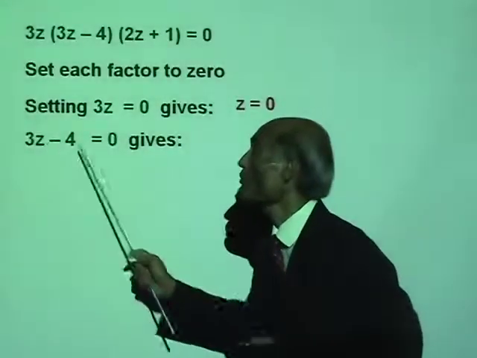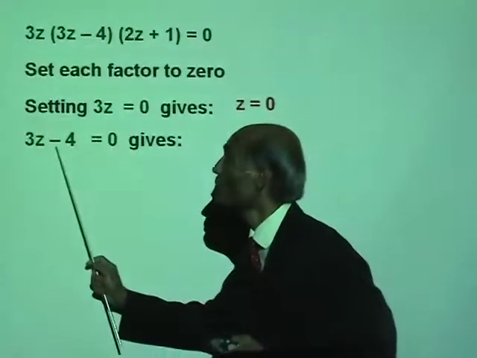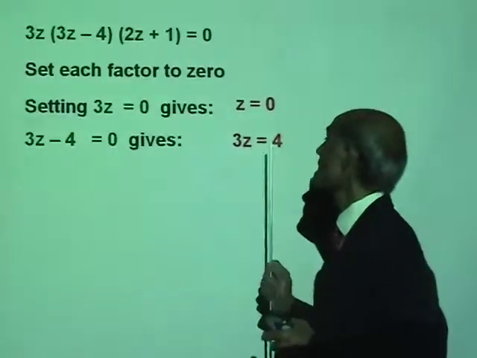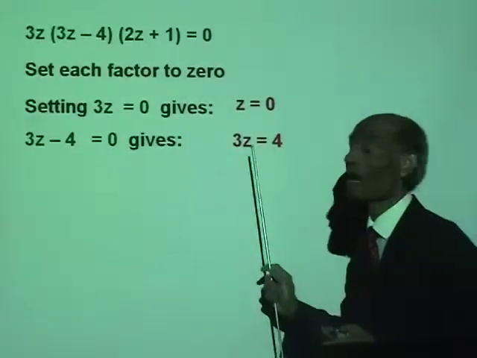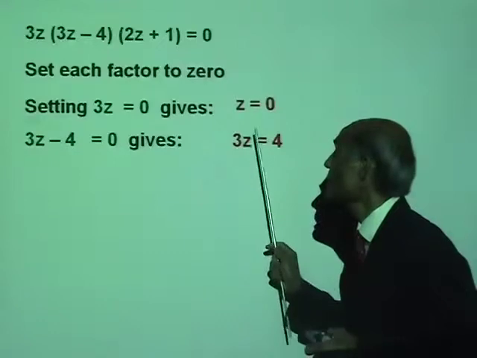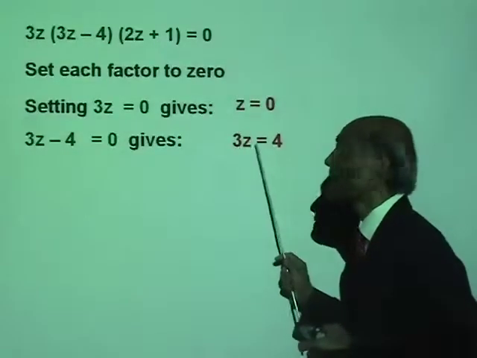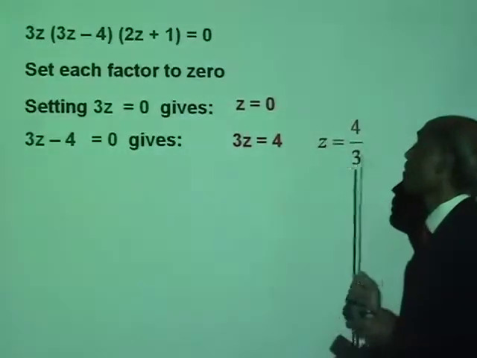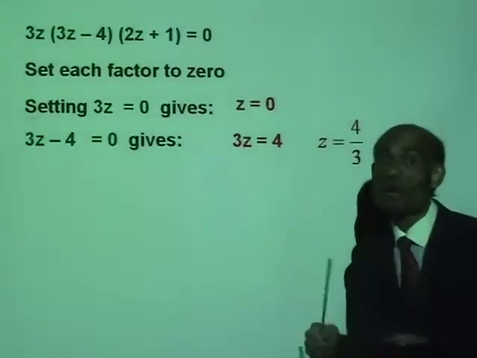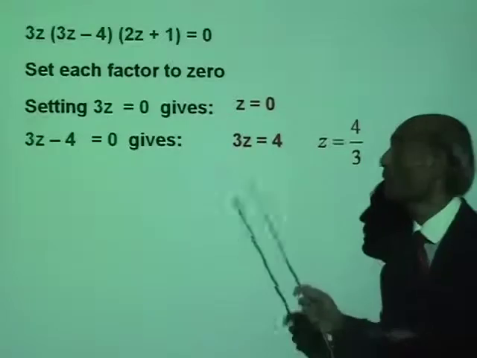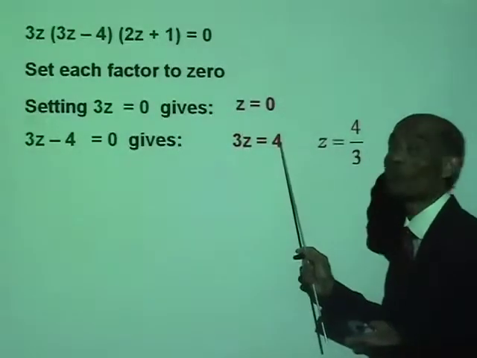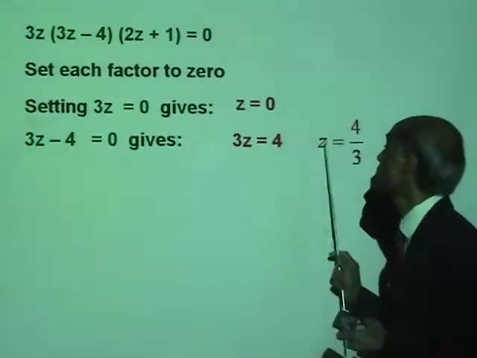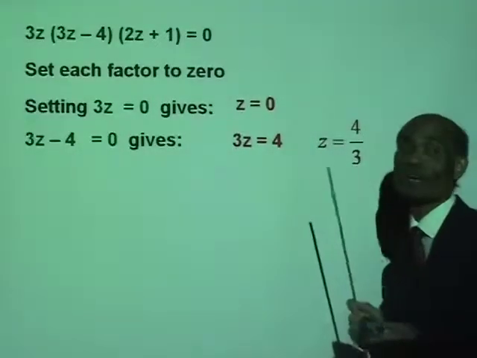Can you solve for this? Move the negative 4 to the right side. It gives you 3z equal to 4. And how do you solve for z? Divide both sides by 3. And that will give you z equal to 4 over 3. You must be well versed with these techniques now.